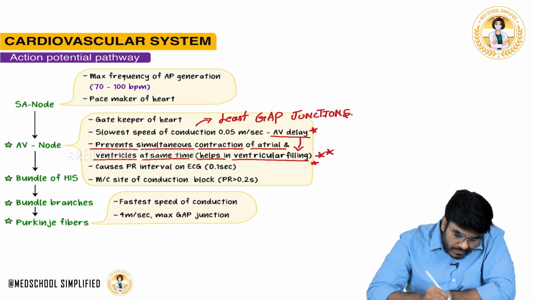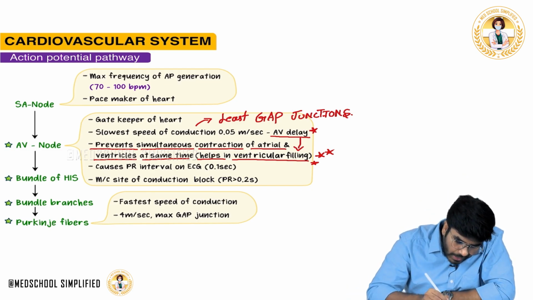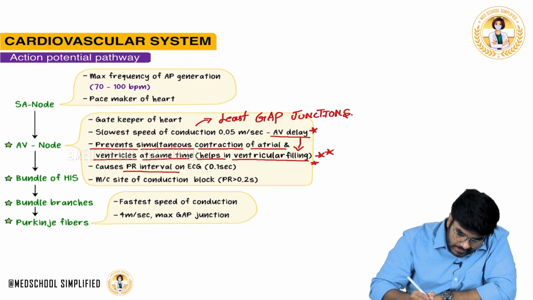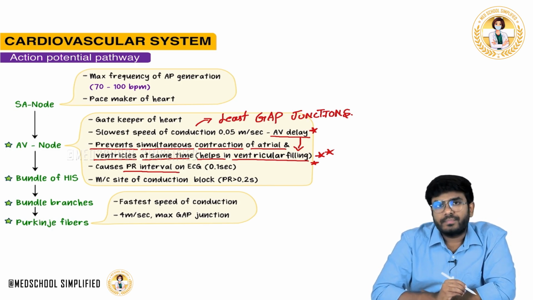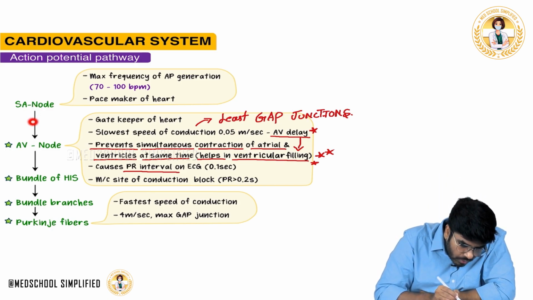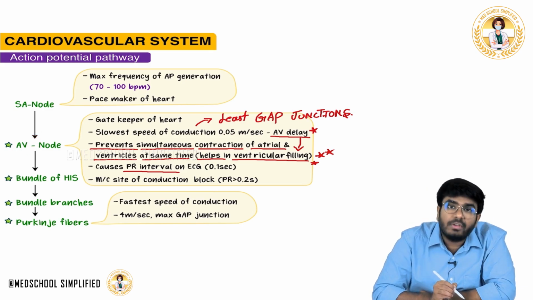Now see, this delay is going to reflect in the form of the PR interval. The impulse starts from the SA node, then it has to come to the AV node, and the impulse has to pass through the AV node.